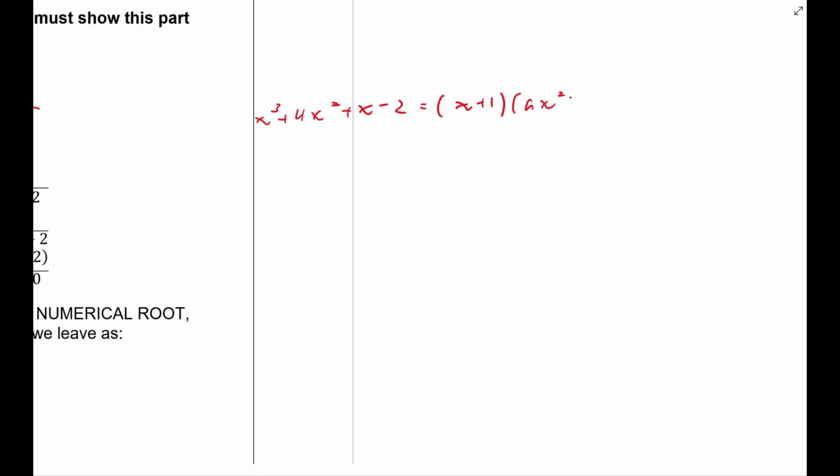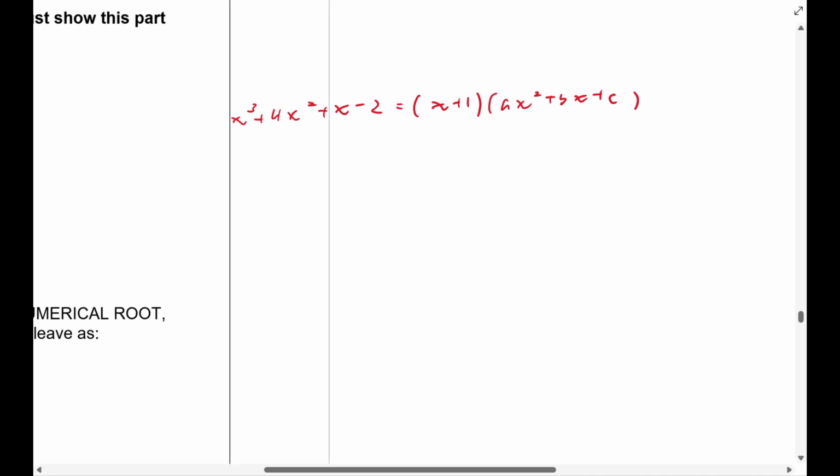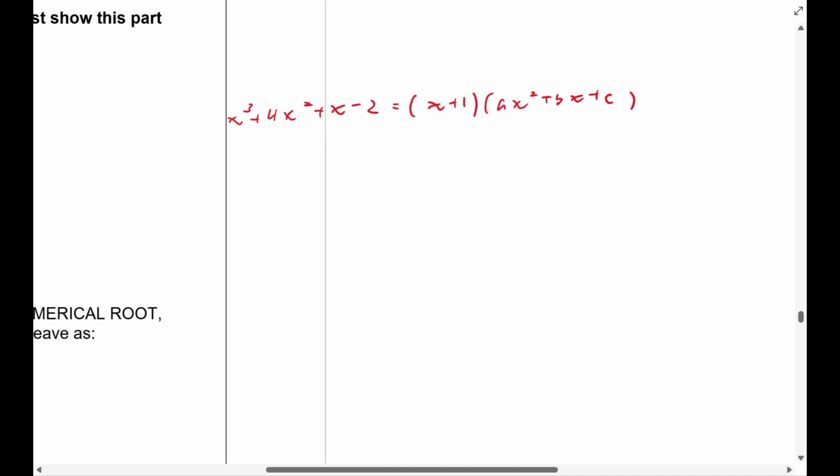So ax squared plus bx plus c. So as usual, our first factor that I already know is a linear factor, then our second bracket will be our quadratic factor.